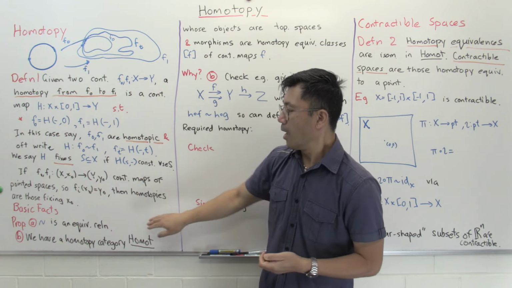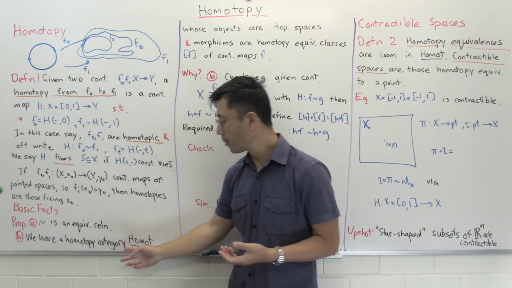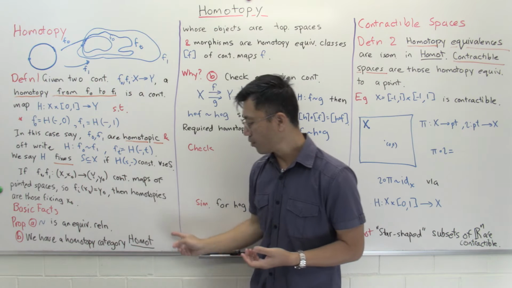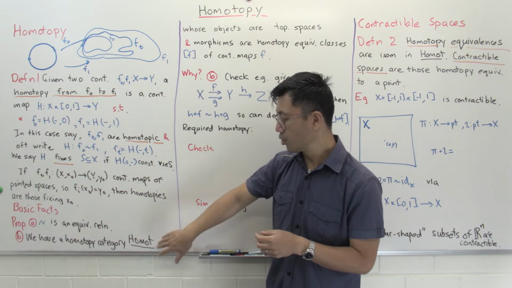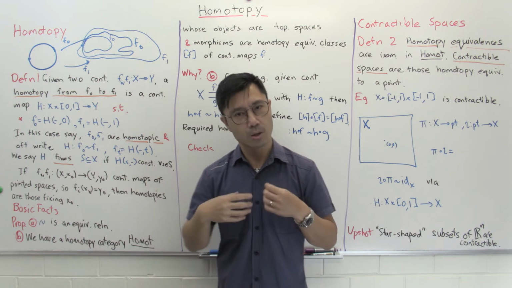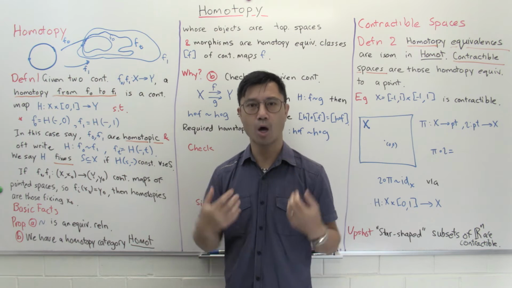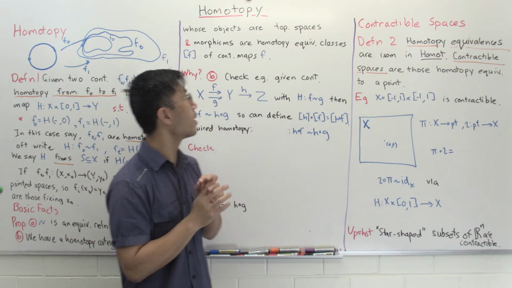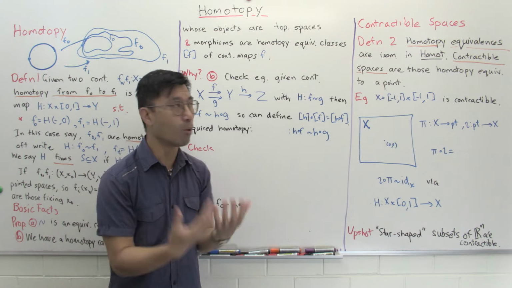The most important consequence of this is that now we can talk about a homotopy category, and I've used this notation here, Hot, with an underline, to denote this. This is a way of studying topological spaces which is not as refined as looking at things up to homeomorphism. So what do I mean by that? Firstly, what is it? It's a category, so it has objects and it has morphisms.